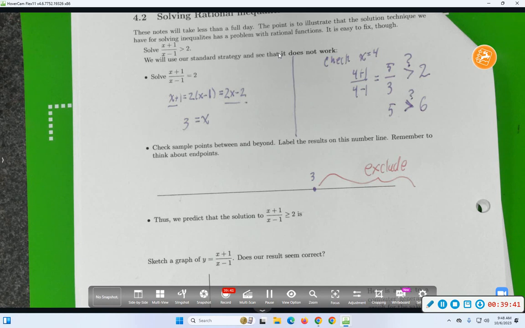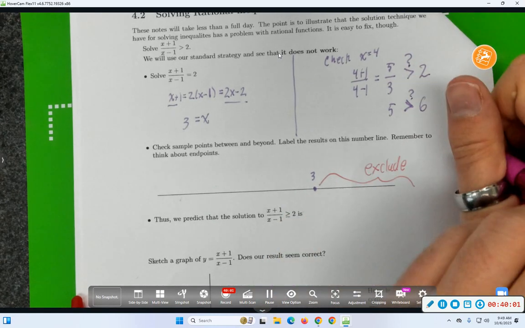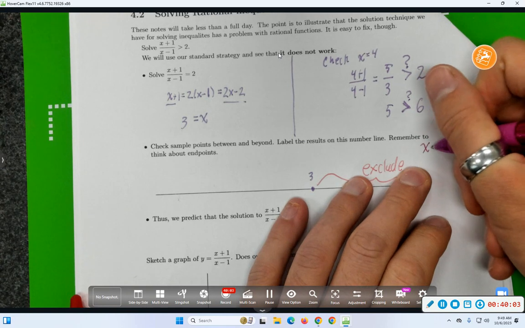Now give me a number to the left of 3 that we could check. Let's try 2. Oh, maybe I'll encourage someone who wants to do something independent to also check what happens at x equal negative 10. But I'll plug in 2. So let's check x equals 2.